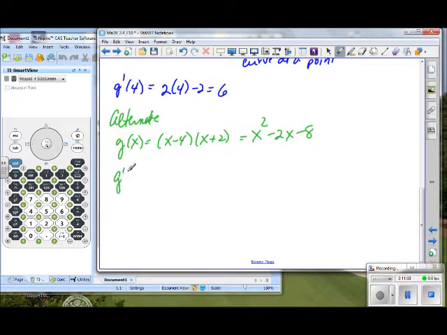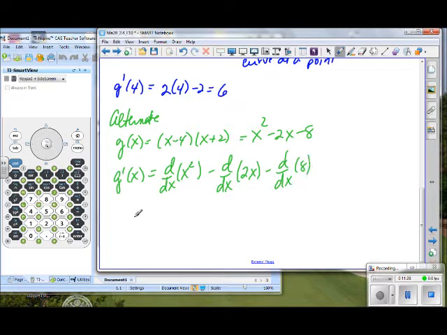Now, if we look at the derivative of that, we'd have the derivative with respect to x of x squared minus the derivative with respect to x of 2x minus the derivative with respect to x of 8.